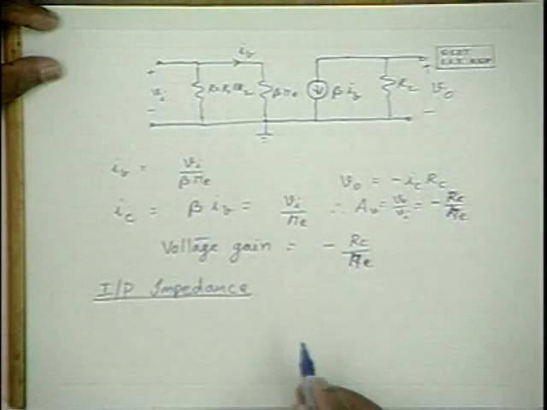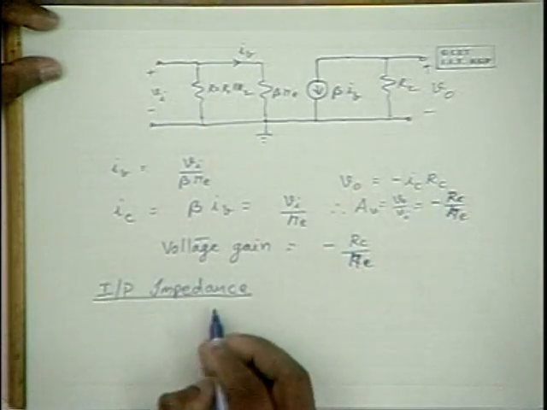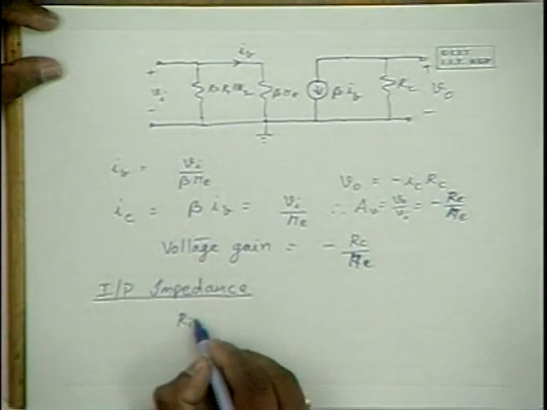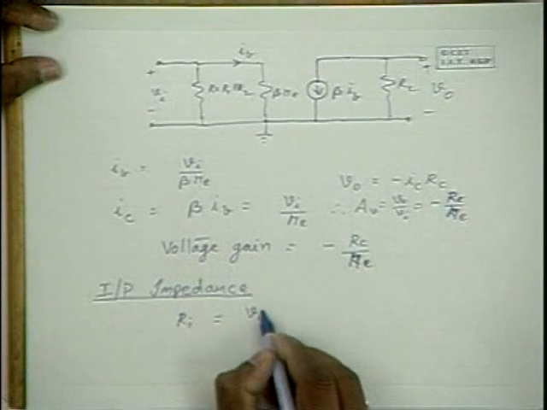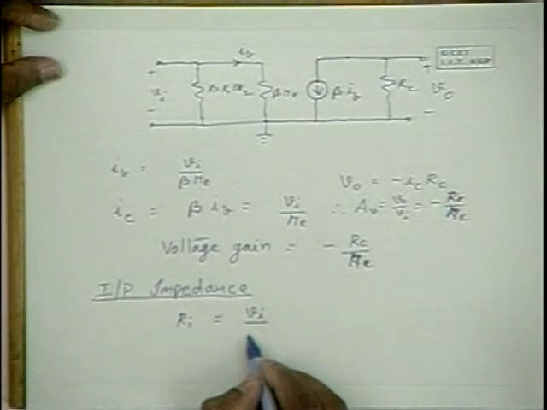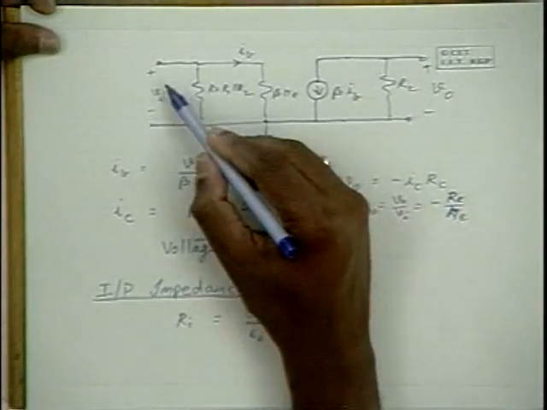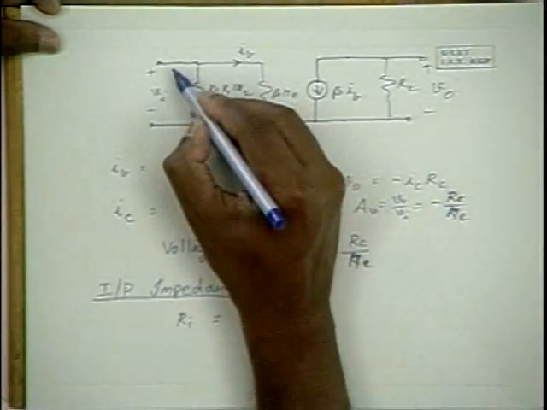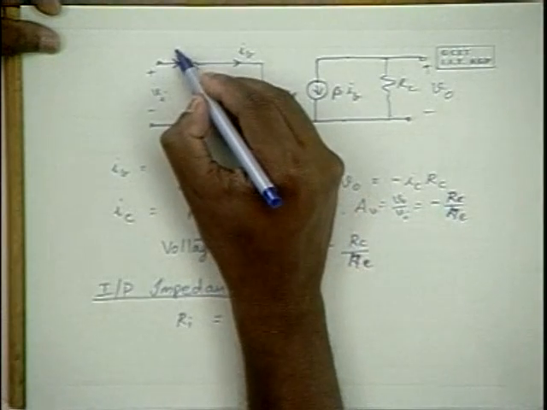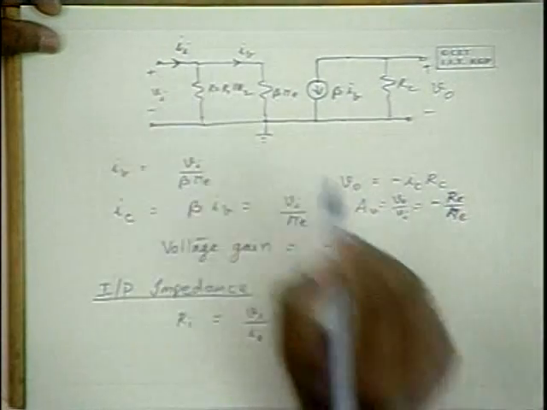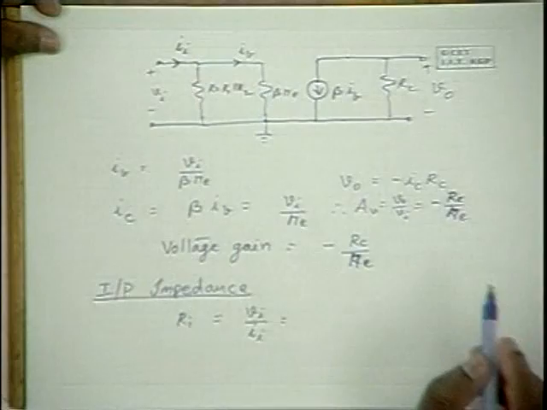Now look at this circuit. The input impedance is given by, as we have defined earlier, Vi by Ii. That means the voltage applied across the input terminals divided by the current drawn by the circuit from the supply.